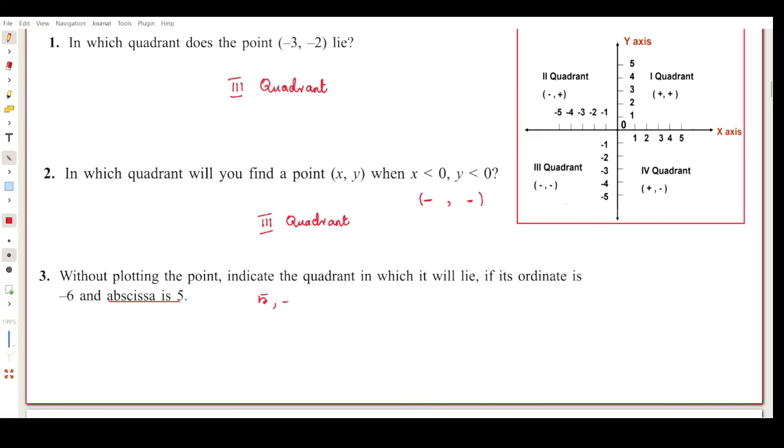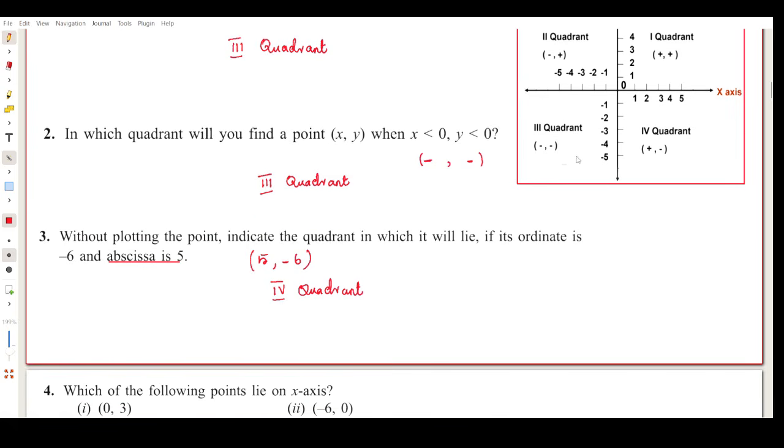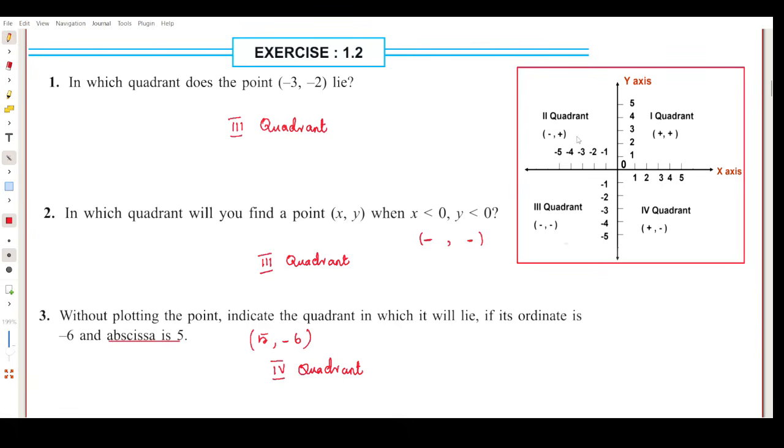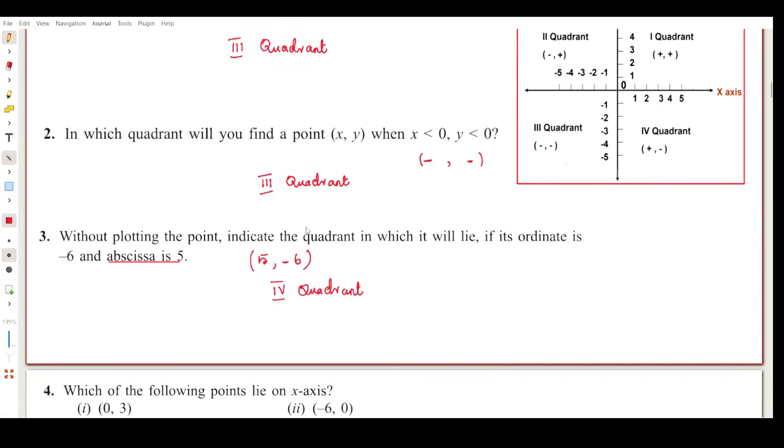So 5 comma -6, that is plus minus. Plus minus belongs to which quadrant? It will be in fourth quadrant. Just keep remembering this 4 quadrant symbol, so you can easily write the answer, right?